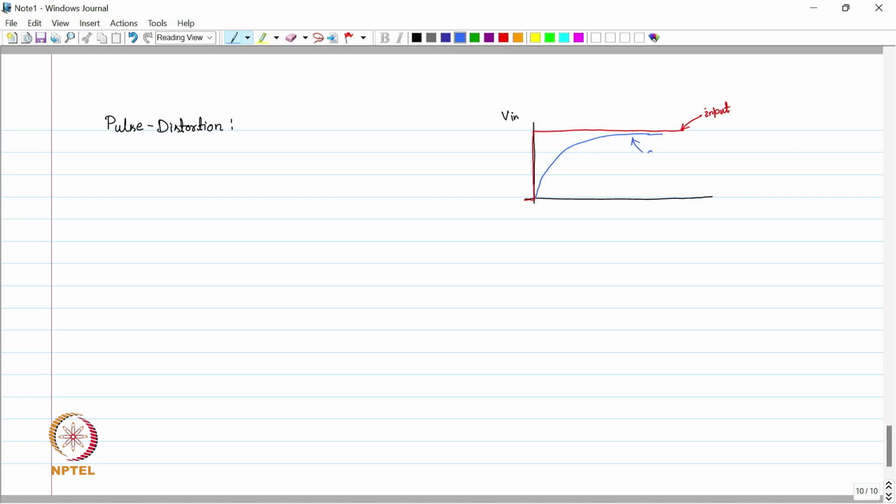This is my output. Remember that the output will reach the input in infinite time theoretically, because this is an exponential curve. If we wait long enough, for practical purposes we can say the output reaches the input in a few time constants.